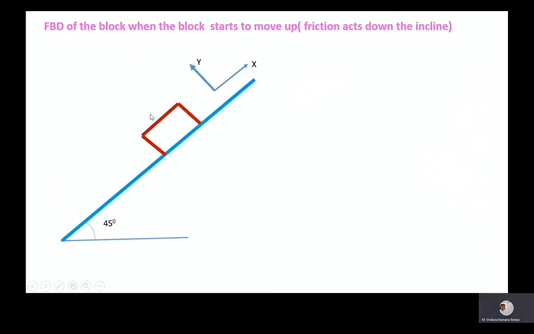Then we'll draw the active and reactive forces on the block. Weight always acts perpendicular to the ground. This is the normal reaction, which is perpendicular to the incline.